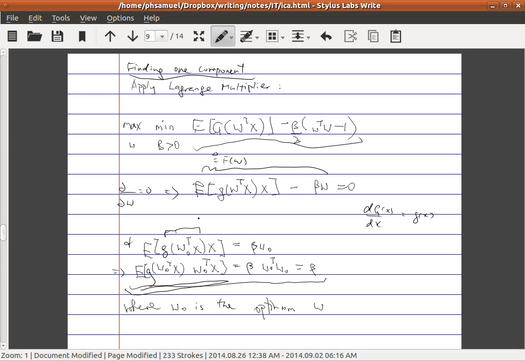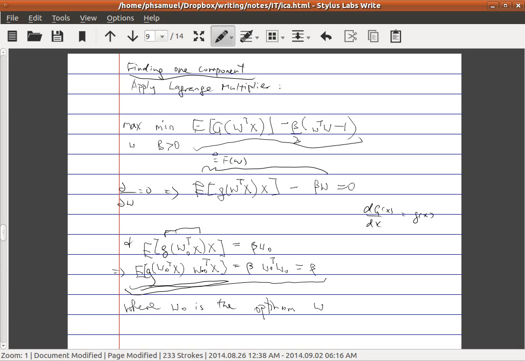Now, first of all, what is beta here for the optimum w? Let's say the optimum w is w naught. Then we have this thing equal to 0. Therefore, this expectation of x g(w naught transpose x) is equal to beta w naught here. Note that this g here is actually a scalar, but this is a vector. w naught is also a vector.